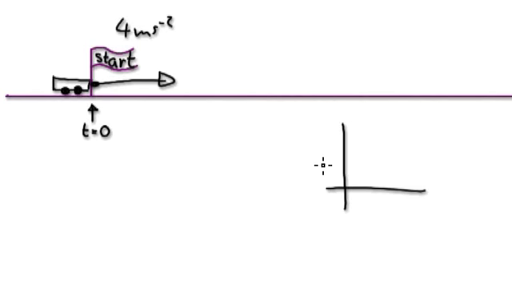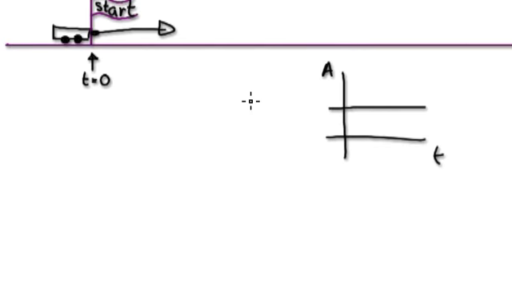So let's look at our original situation here. When there's an acceleration of 4 meters per second squared, the acceleration time graph will look like this. Now the speed time graph will look like this.